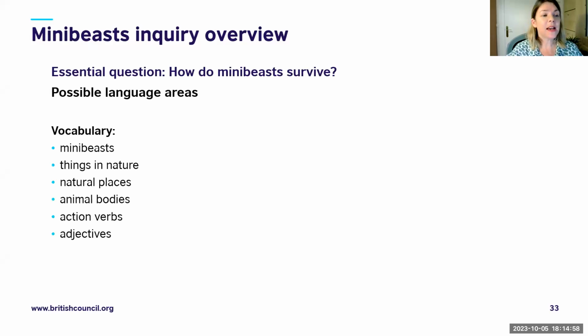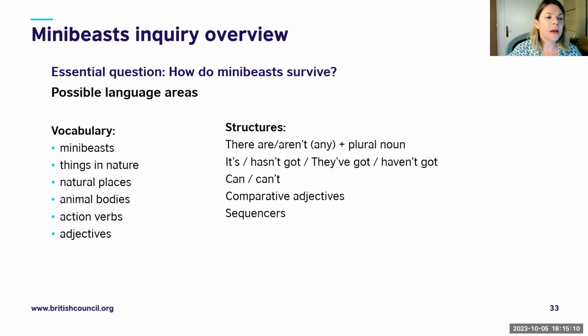So here, for this inquiry, here are some of the vocabulary areas that I think students might need, depending on the activities that we do. And here are some of the structures that I think they might need too. They might need them at different stages of the inquiry, for example, understanding the resources in the research stage, or to express their prior knowledge about the topic.